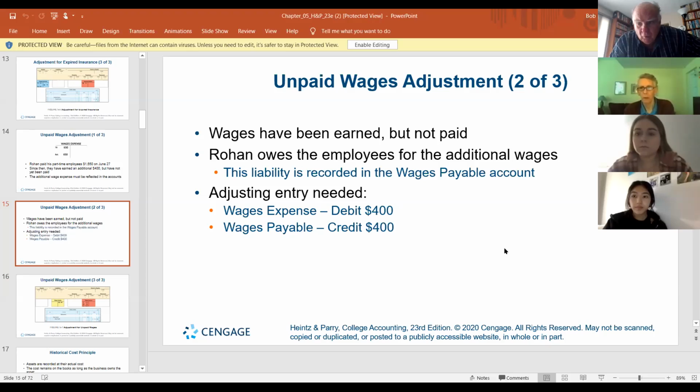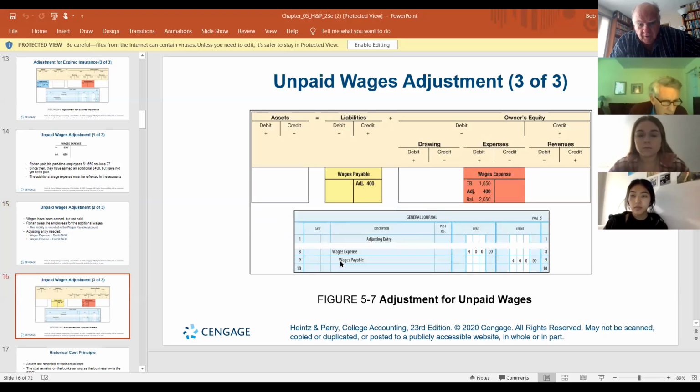So we have to record that expense and the liability, because we do owe you $400 at the end of the month. This represents the last 4 days of the month. We are going to debit wages expense and credit an account called, it should say, accrued wages payable, but wages payable is okay. We'll go along with Cengage.